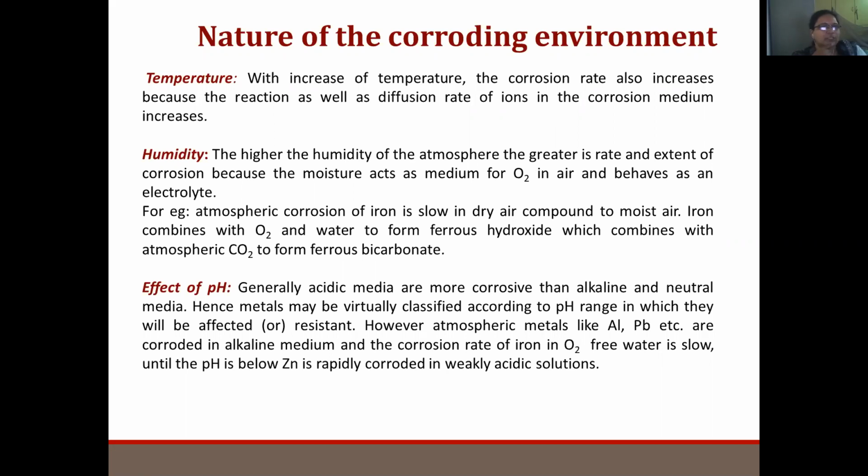Then the effect of pH: acidic media also cause corrosion, and basic media also cause corrosion. If it is more alkaline, then it will be more corroded, as we have seen in absorption of oxygen. So all these are the factors which influence corrosion.